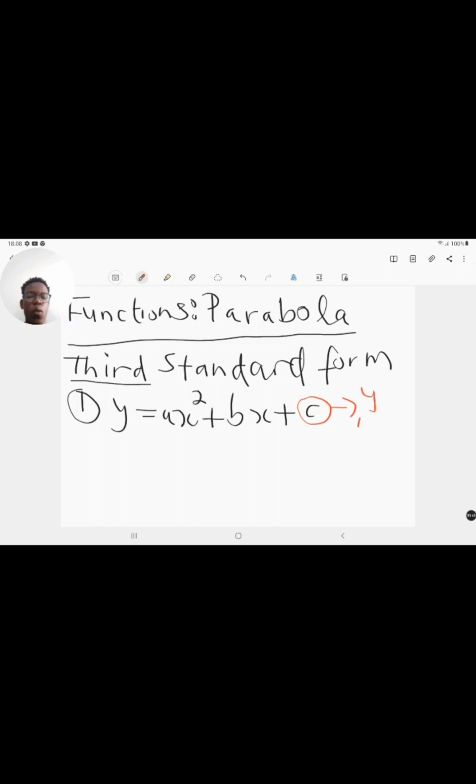So this is your y-intercept, and from the standard form you can immediately, by inspection, tell what your y-intercept is, and therefore you have an idea about where your graph cuts through the y-axis.